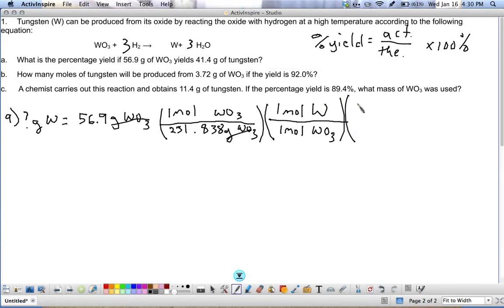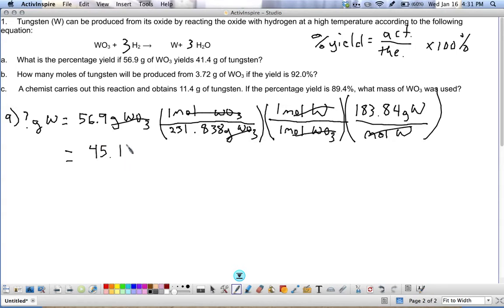And then the final step is to use the molar mass of tungsten to find the grams of tungsten. Okay, so this gives us grams of tungsten, which is what we want. And when you plug this into your calculator, you get 45.1198 grams tungsten. But this asks for percent yield.